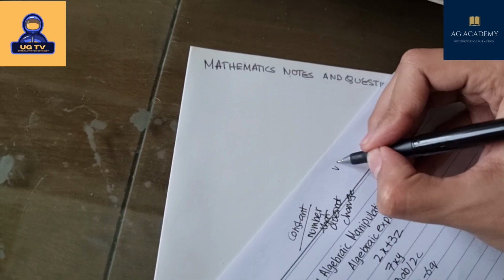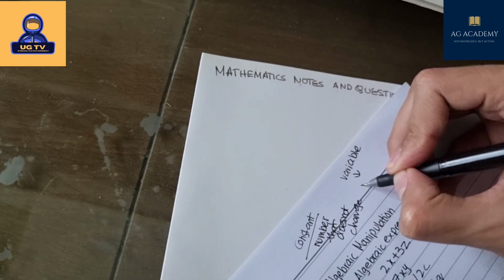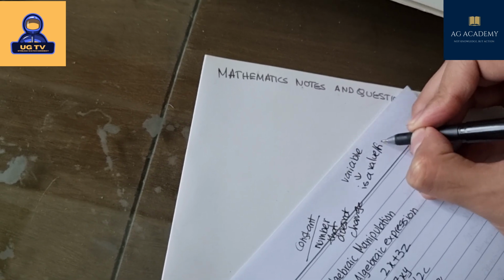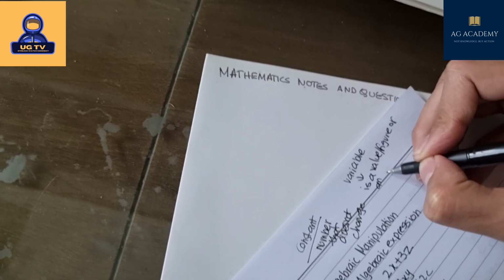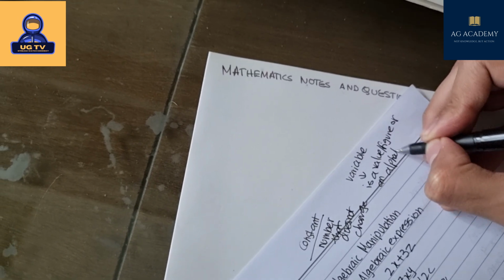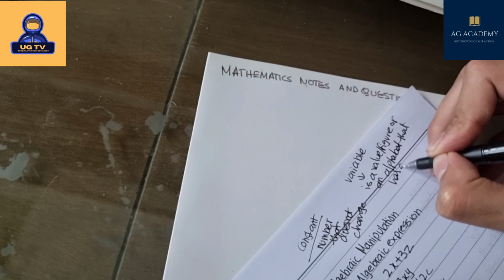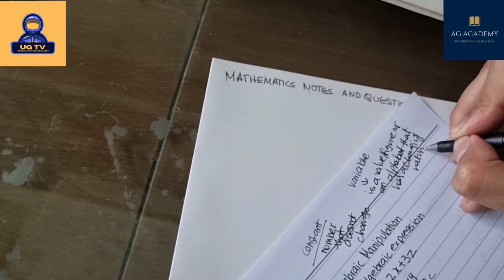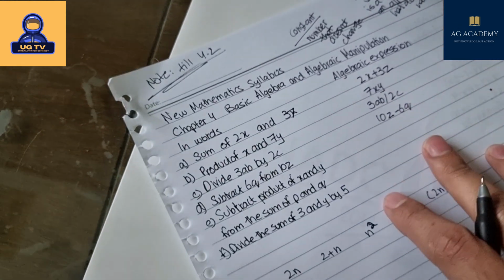And a variable is a value, figure, or an alphabet that has a changing nature. I'm writing like a doctor, but I do like this writing anyhow.